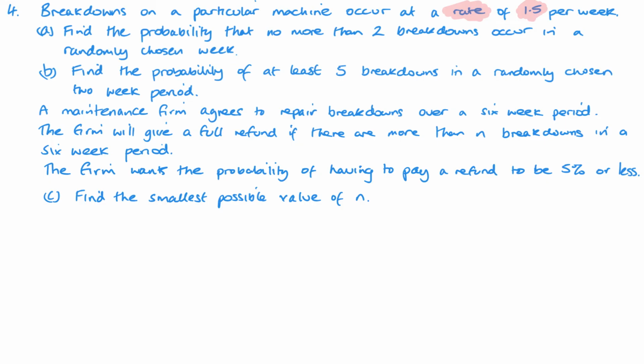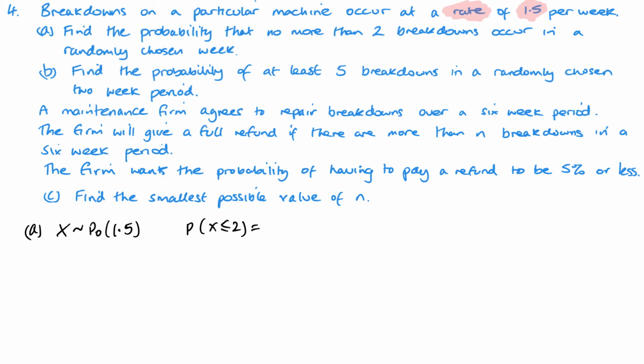Find the probability that no more than 2 breakdowns occur in a randomly chosen week. So part A, we've got X is distributed Poisson, and lambda is 1.5. And there we are looking at no more than 2. So that means that X is less than or equal to 2.